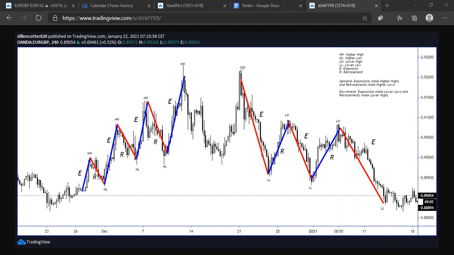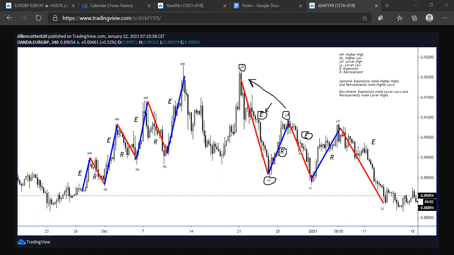And same with the downside as well. Expansions make lower lows and retracements make lower highs. So with that expansion right here, we saw this lower low get created. And then we got this retracement and this lower high got created. Why is it a lower high? Because it's lower than this previous high right here.